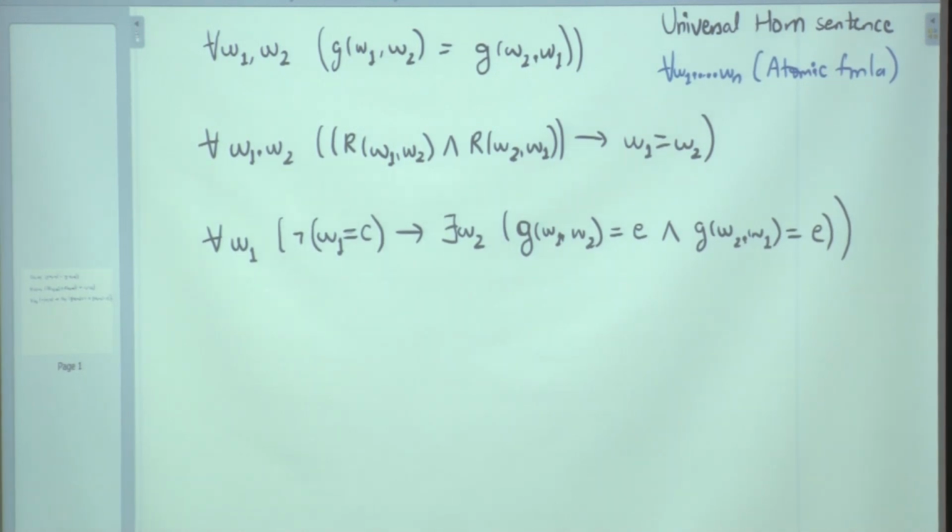Okay, then the second one is called a strict Horn sentence. It has this particular form.